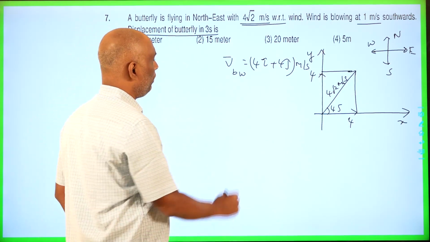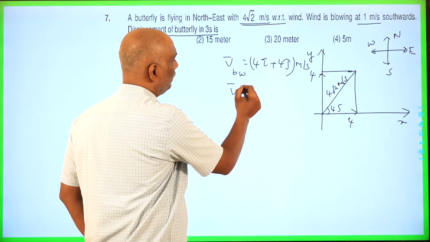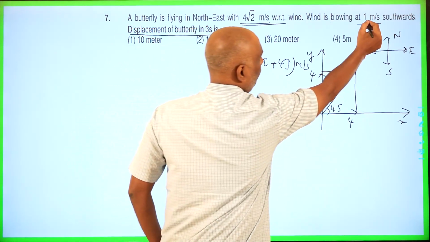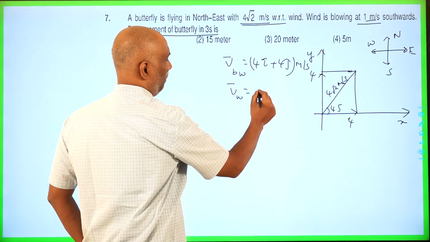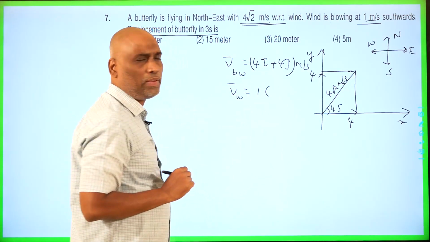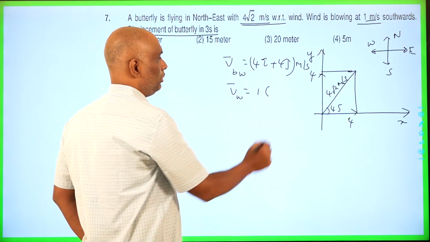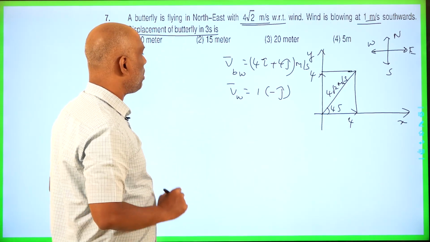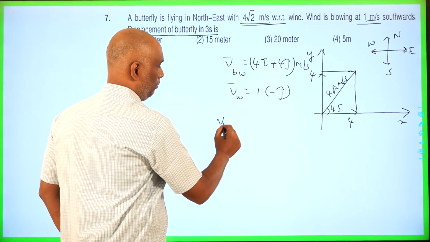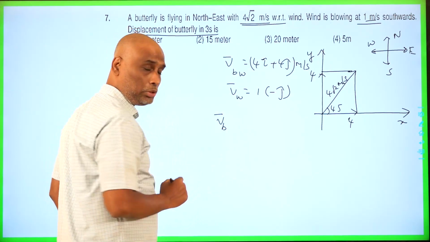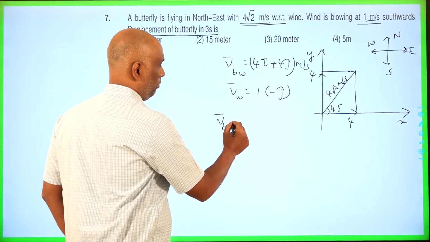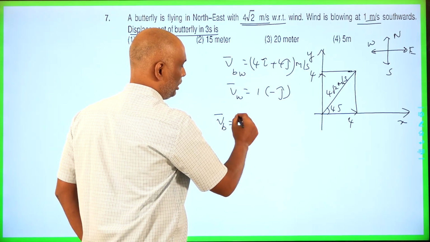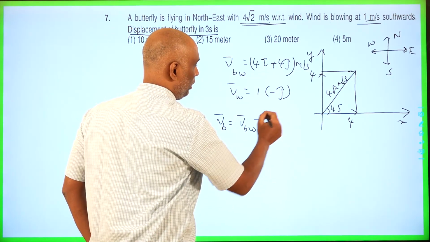Next, the velocity of the wind. The magnitude of the velocity of wind is given as 1 meter per second, and the direction is along the southward direction, so minus j cap. Once we have this, we can say the absolute velocity of the butterfly is equal to the velocity of the butterfly with respect to wind plus the velocity of the wind.